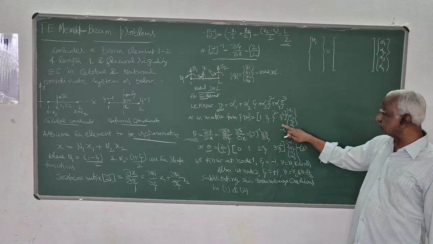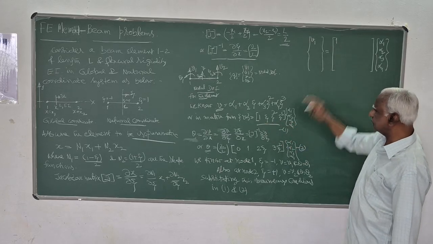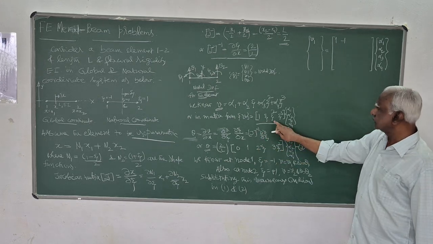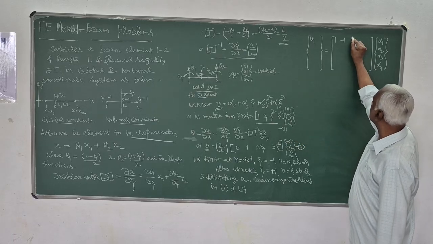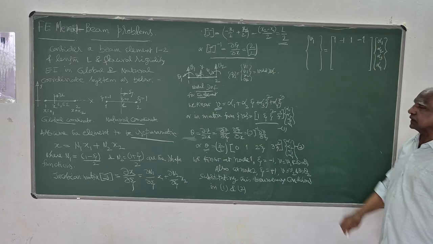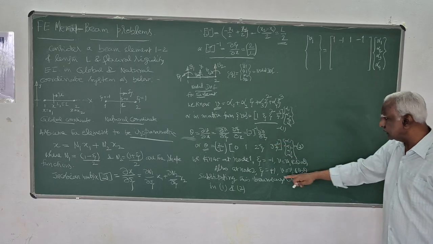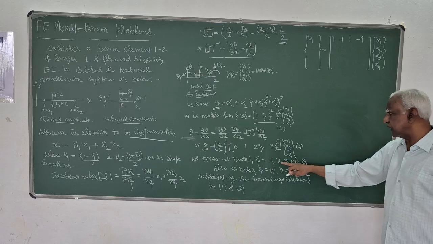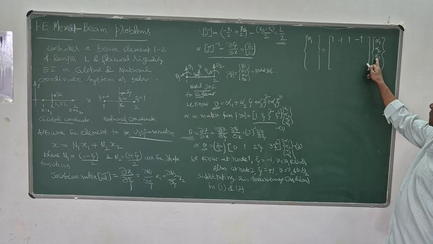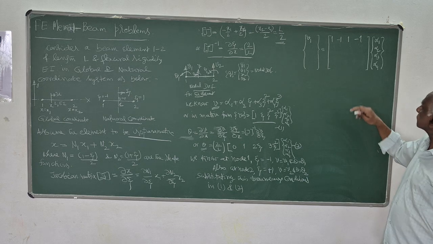If you substitute xi equal to -1 in this equation 1, you will get here the coefficients 1, and xi is equal to minus 1, xi square is minus 1 whole square, that will be 1, xi cube is minus 1 whole cube, that is minus 1. So 1, minus 1, 1, minus 1 will be that first condition. At xi equals minus 1, V1 is equal to alpha 1 minus alpha 2 plus alpha 3 minus alpha 4. That's what you are going to get.